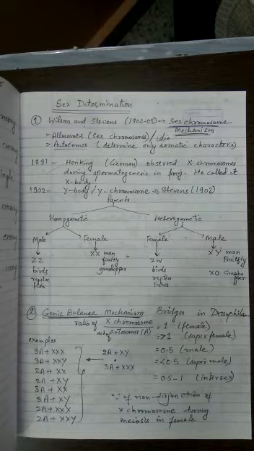If the parent prepares two types of gametes, because two types of sex chromosomes are present, then the parent would be called heterogametic. And if the parent prepares the same type of gametes on the basis of the sex chromosome, the parent would be called homogametic.